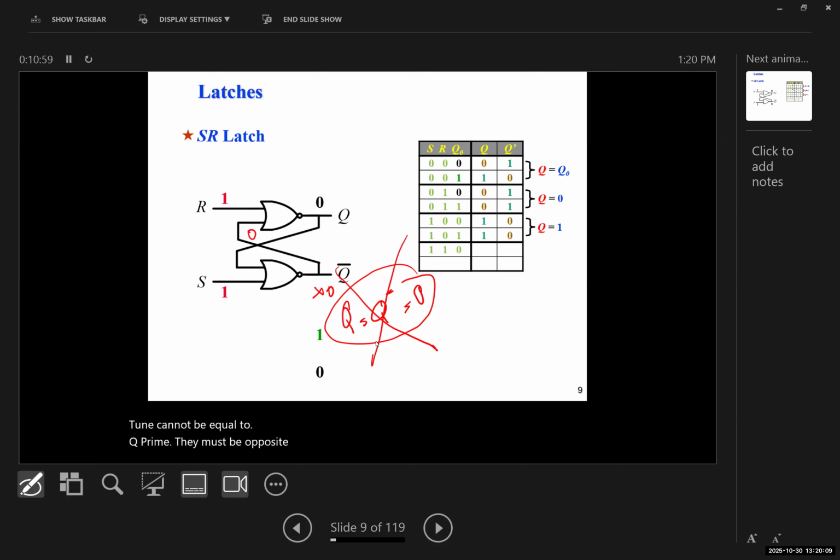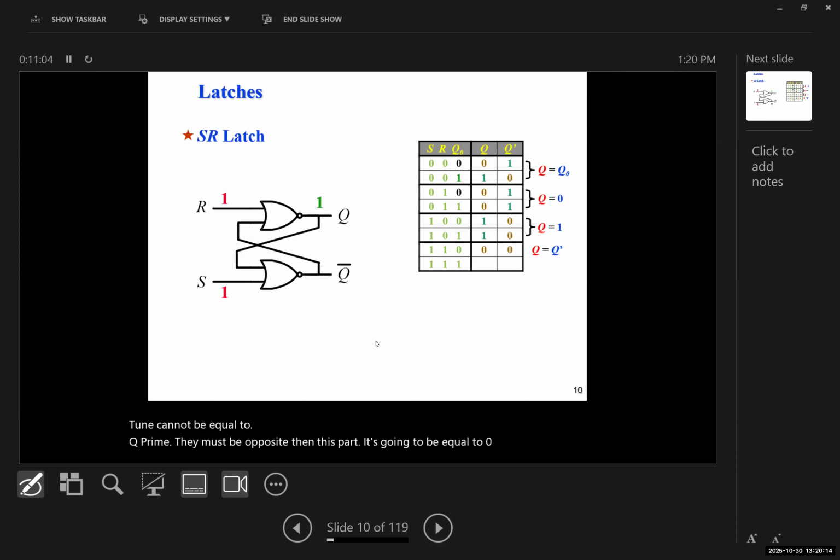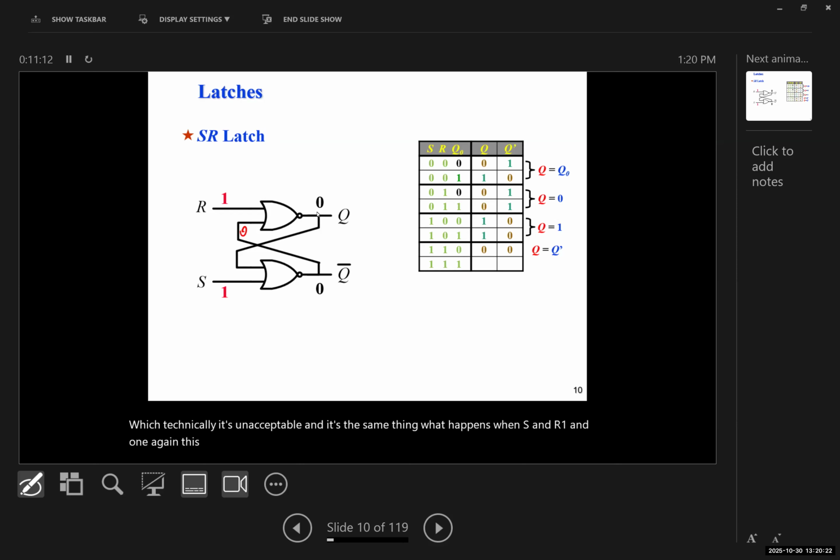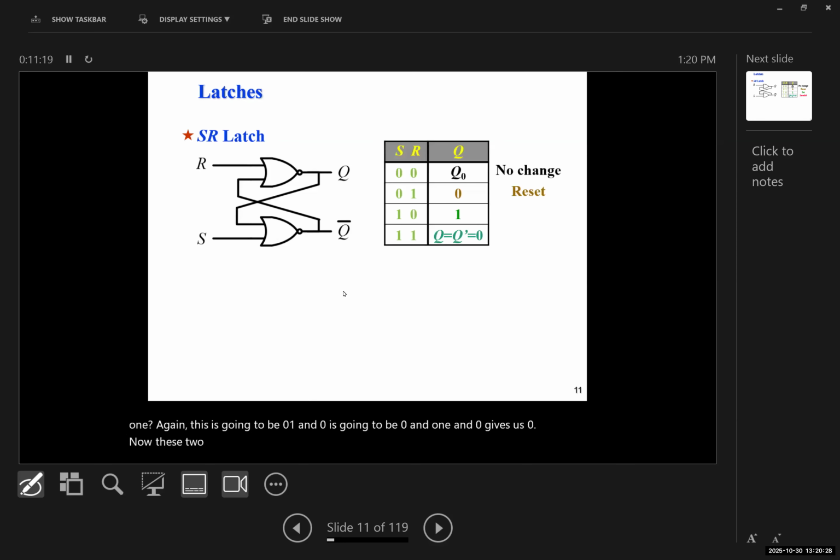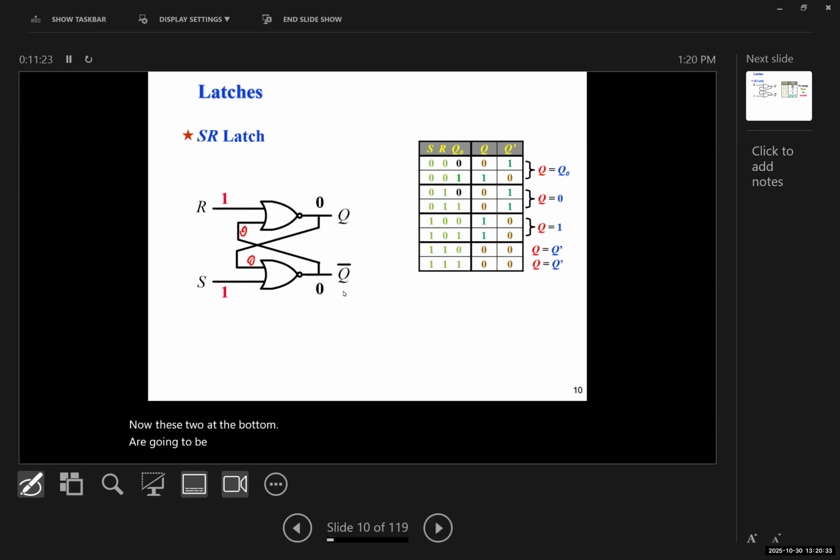Then this part is going to be 0, 0, which technically is unacceptable. It's the same thing when S and R are 1 and 1. Now, these two at the bottom are going to be what we call an invalid situation.